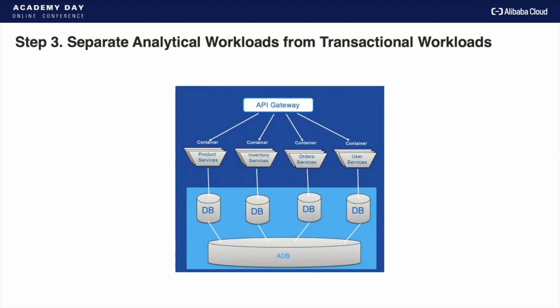If you want to run BI software for visualization purposes, you don't want those requests to hit the transactional database directly, which might impact the speed of processing transactions. You want to add absolutely zero burden to the transactional databases. So once you move your analytical workloads to something like AnalyticDB, all the BI tools, the visualization tools, and the SQL queries can be pointed to ADB without affecting your transaction handling.